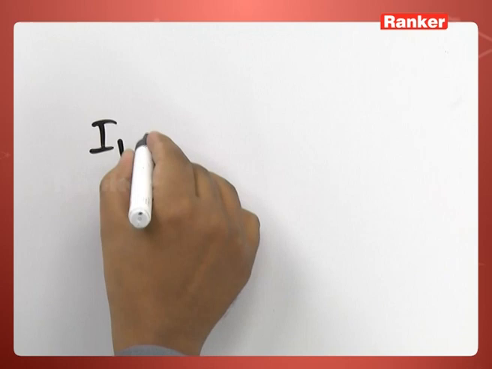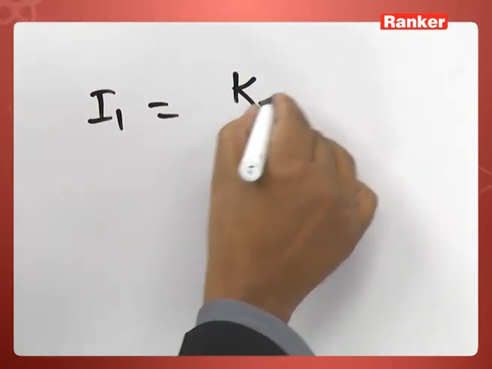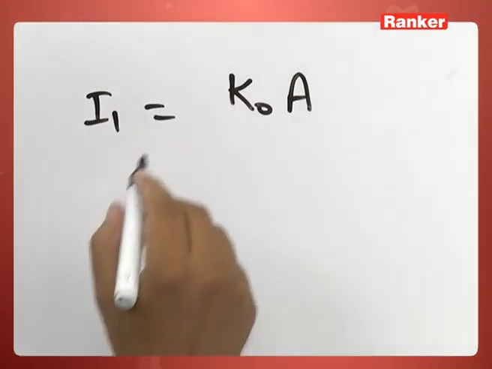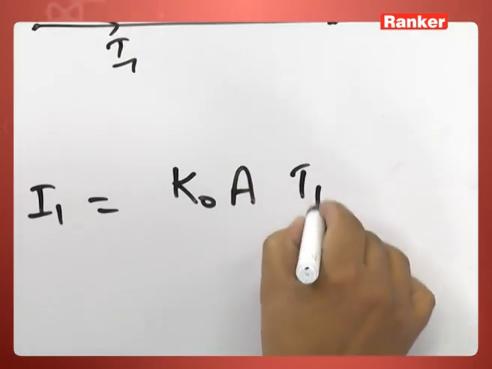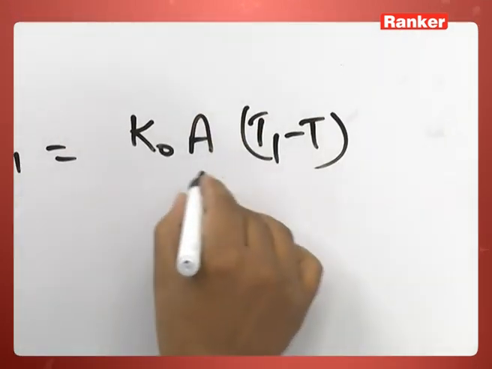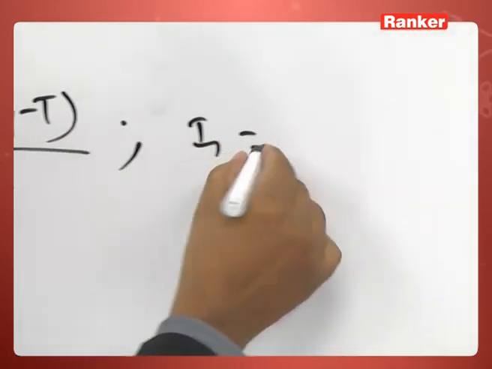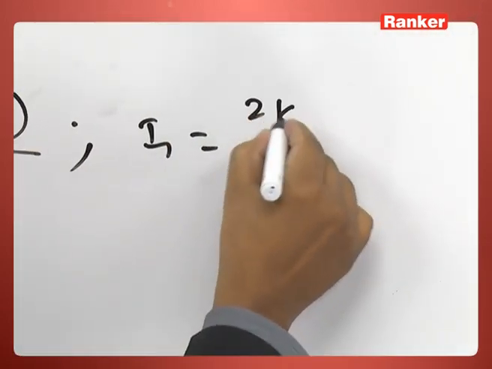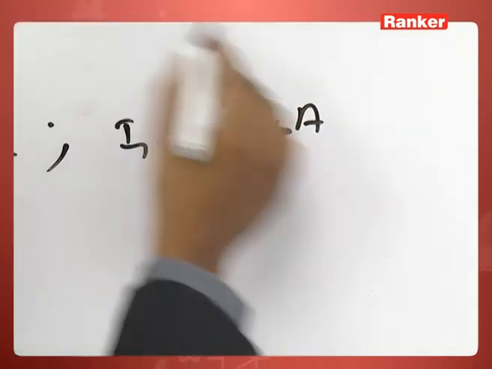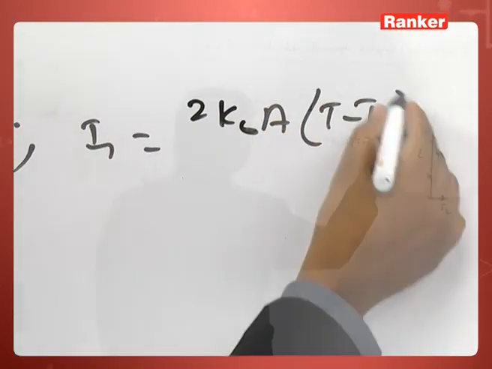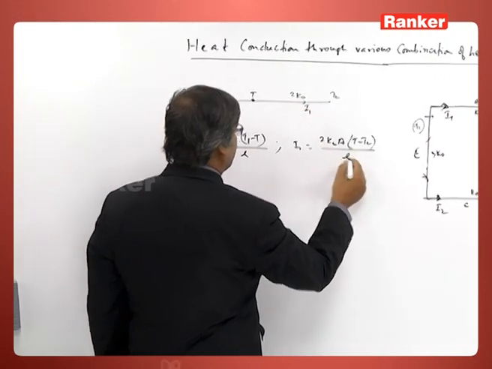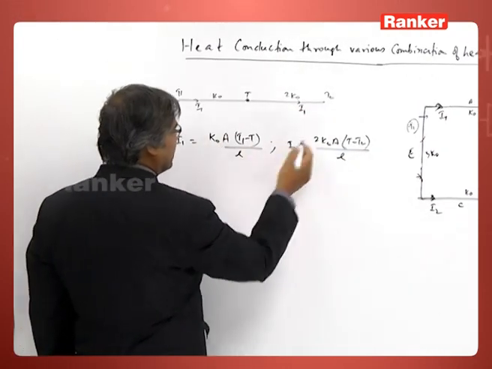This is I1, that is equal to K naught A, with cross section area A. Suppose T1 is more, so heat flows here, (T1 minus T) by L. Similarly, here I1 is equal to 2 K naught A, temperature T is higher than T2, so (T minus T2) by L. These two are equal, so let us equate it.